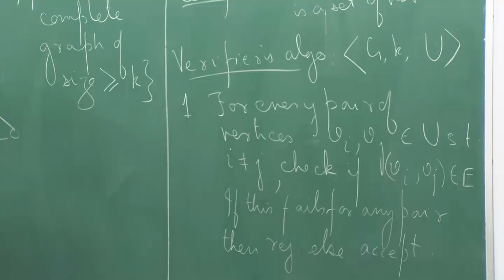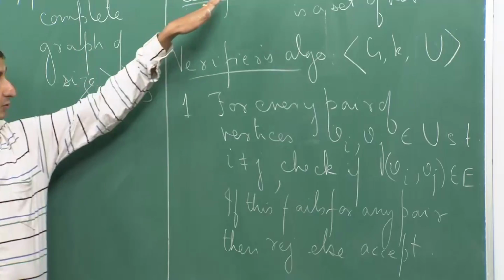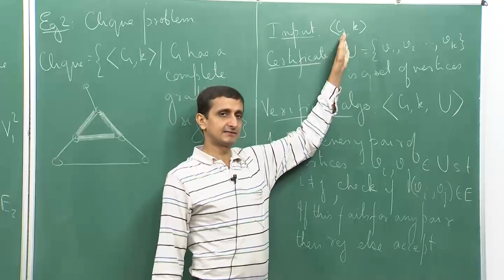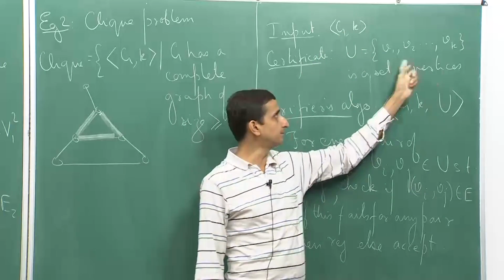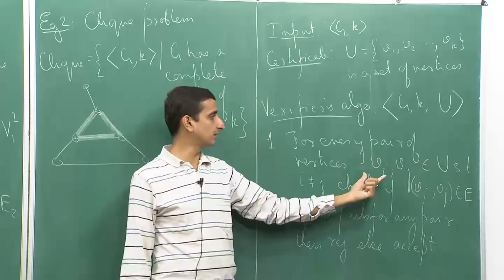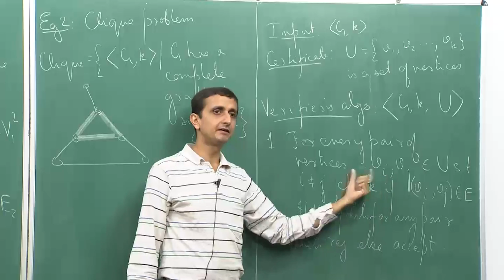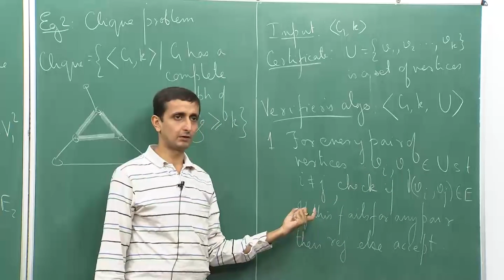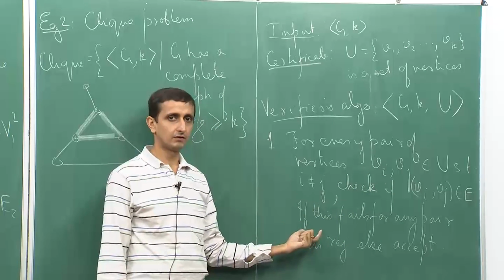Okay. So, suppose G has a clique of size k, then there will be some set of k vertices such that for every pair of vertices in that set, there will be an edge between them, which means that it forms a clique. Okay.